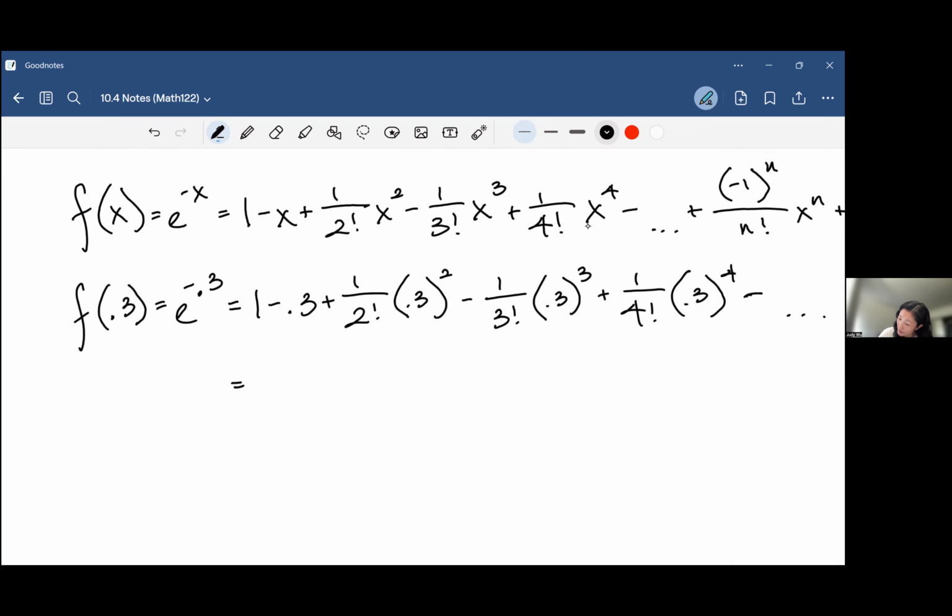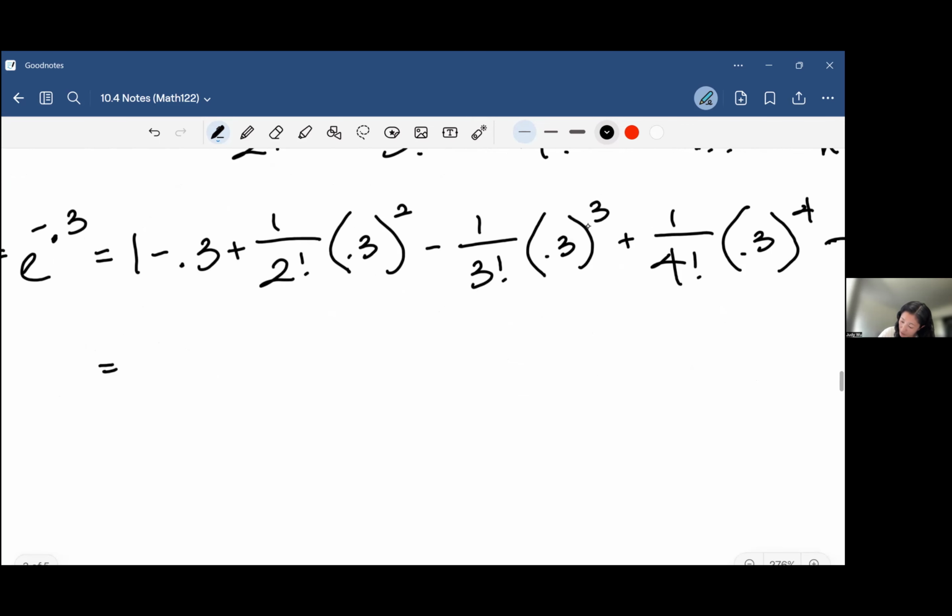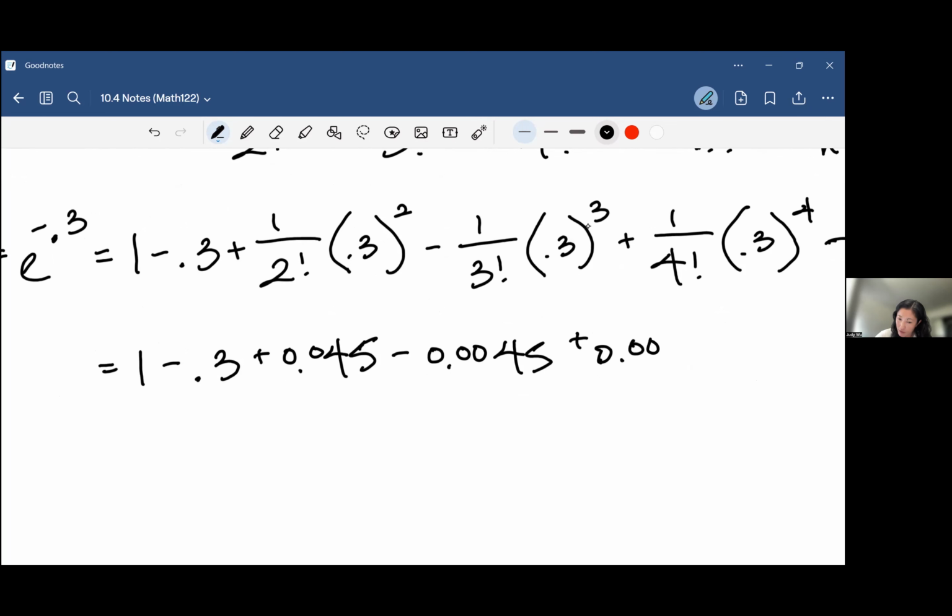We're going to use our calculator to figure out each of these terms, and we get 1 minus 0.3 plus 0.045 minus 0.0045 plus 0.0003375.